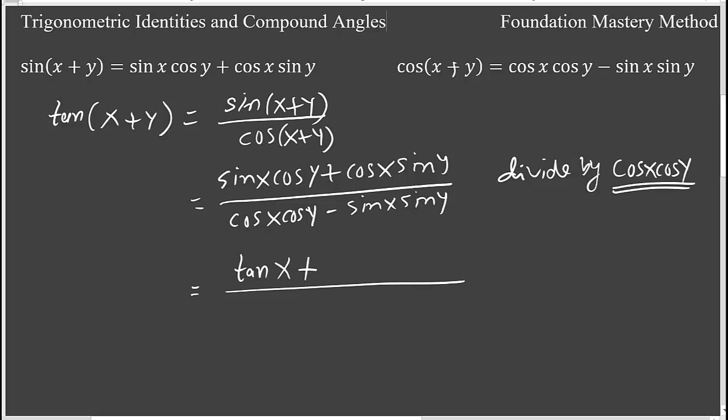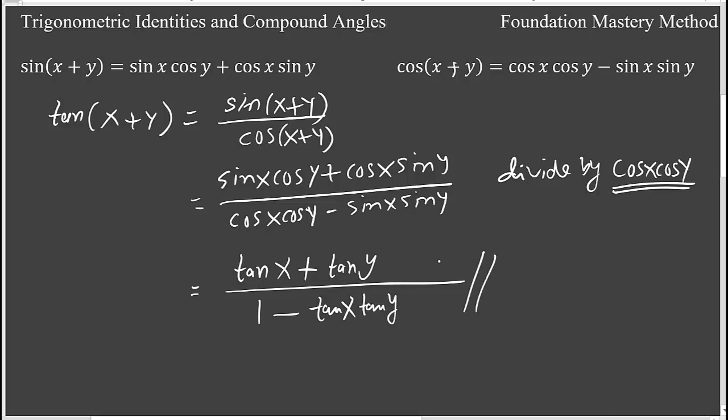If I divide this one by cosine x cosine y, cosine x will cancel out, and sine over cosine will be tangent y. And if you divide this by cosine x cosine y, you get 1 minus sine x over cosine x, which is tangent x, and then sine y divided by cosine y, which is tangent y.